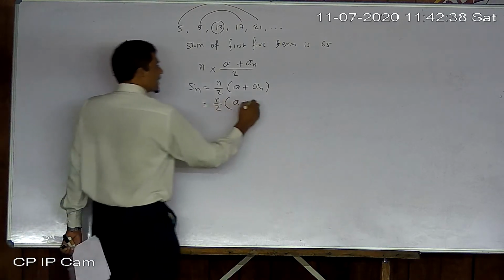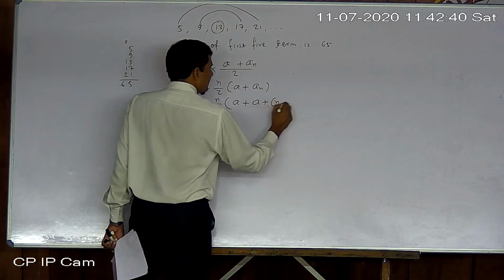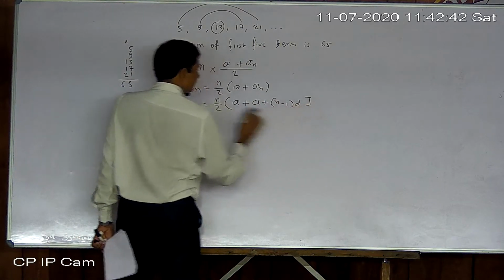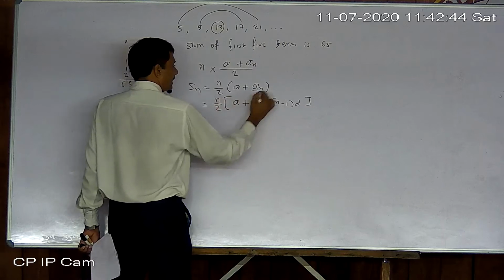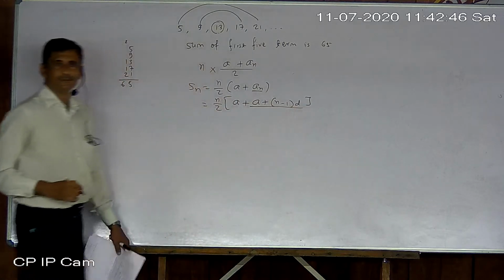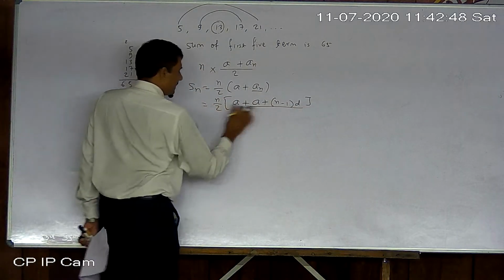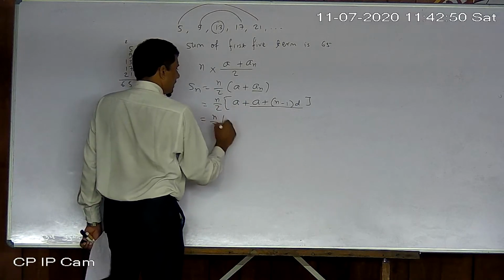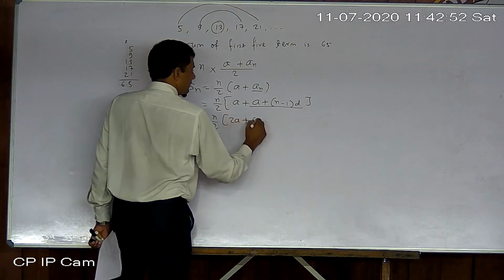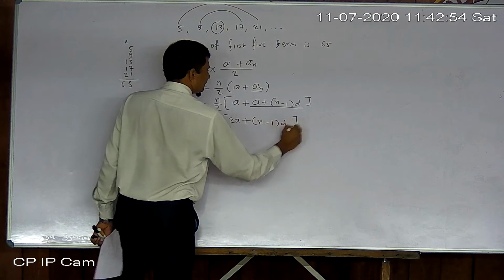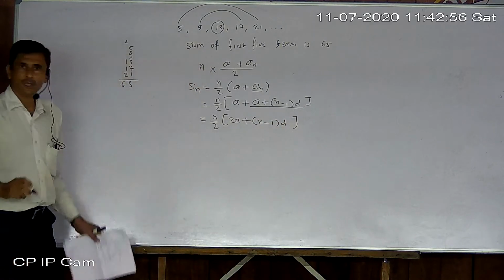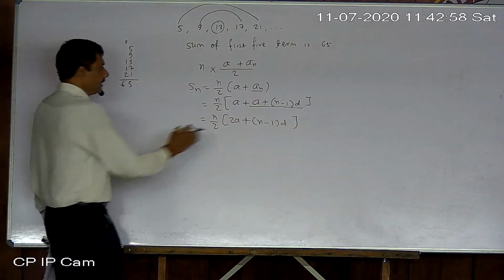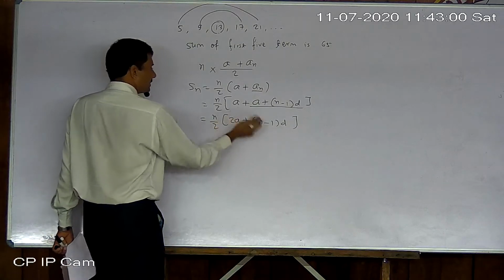So can I use a plus n minus 1 d here? Instead of an, I have written this. Now can I simplify here: Sn equals n by 2 into 2a plus n minus 1 d. Okay. So that is another formula.